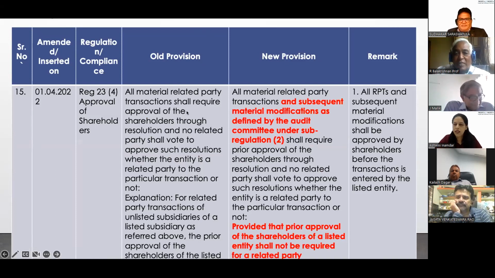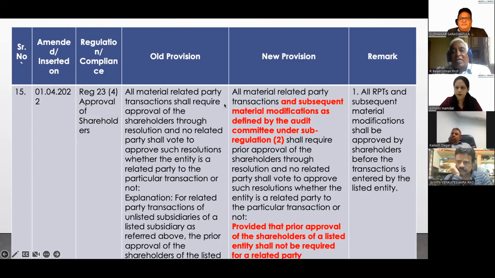Then one more question. As told, the interested director would not vote. Is the interest as defined under section 184, or even if he is somehow a related party but not interested as per section 184, still should he not vote?